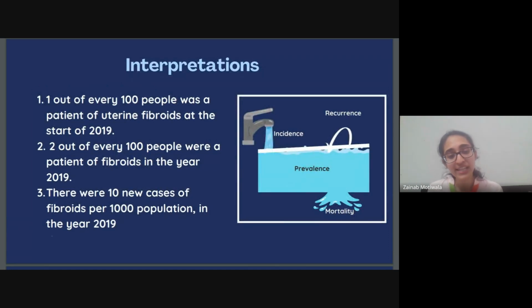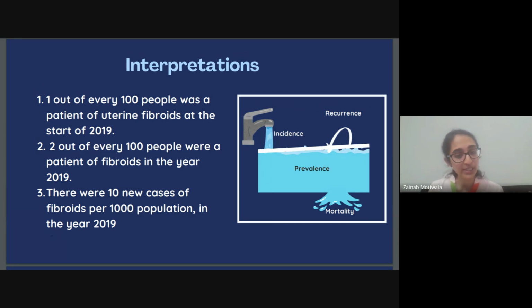Now let's dive into the interpretation of each of these three things. First we spoke about point prevalence. We found that the point prevalence was 1%. What did that signify? That 1 out of every 100 people was a fibroid patient at the start of 2019. Then we spoke about the period prevalence, which we calculated to be 2% for this example.